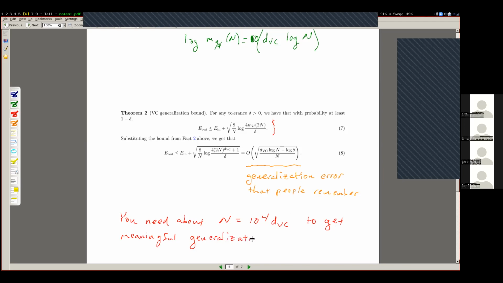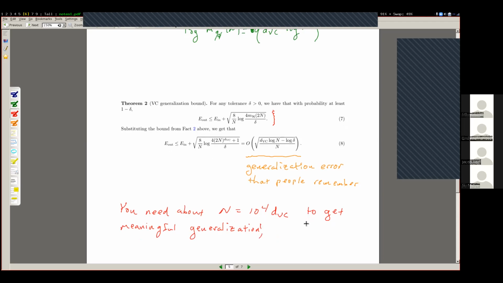For the numbers to be non-trivial, they need to be less than 1, because the error rate is always going to be less than 1. If you plug in numbers over here and get something greater than 1, it's not meaningful. But if you get something less than 1, then you're at least saying something meaningful. So you need about 10^4 data points for each VC dimension for this to be meaningful.